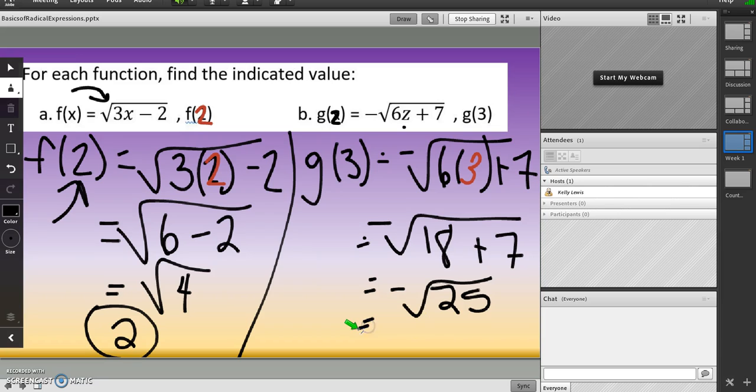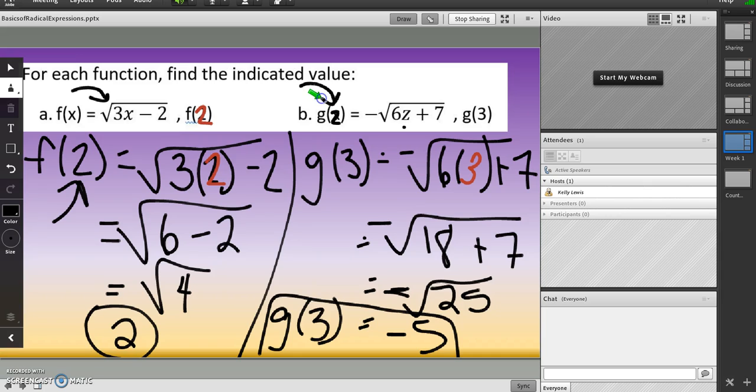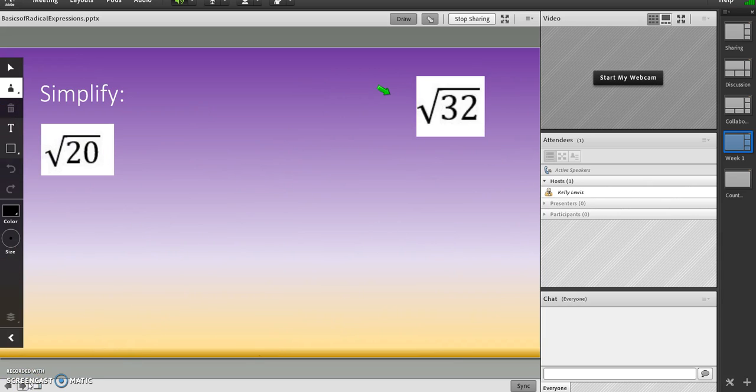Square root of 25 is 5, and then we have that negative sign right there. So g of 3 is equal to negative 5. That means when I plug in a 3 everywhere there's a z, I get negative 5 as my answer. It's just practicing what a square root is.